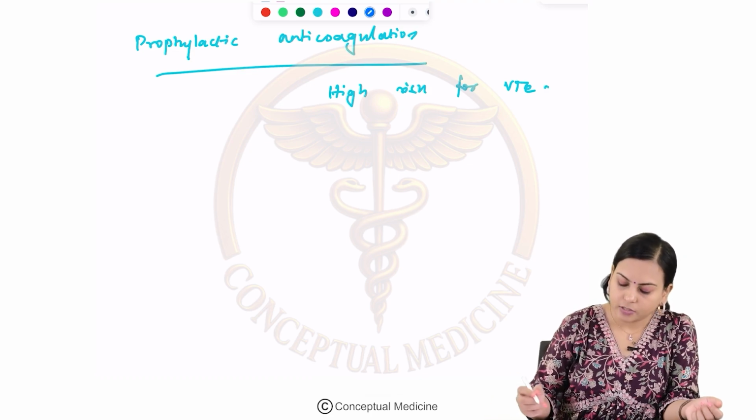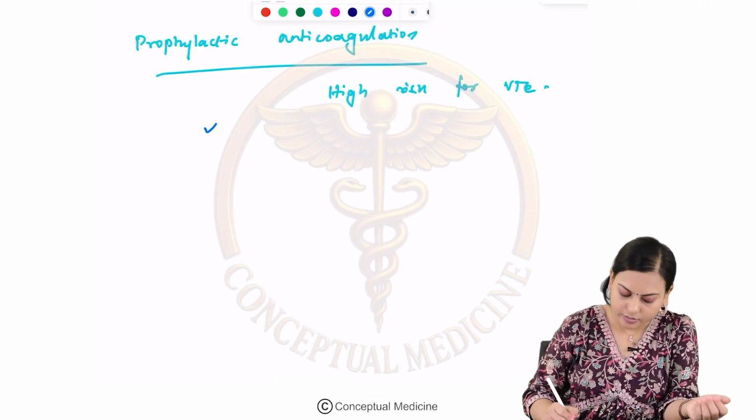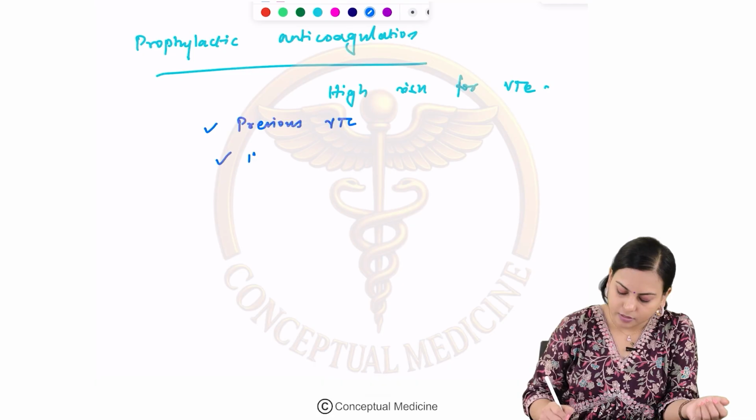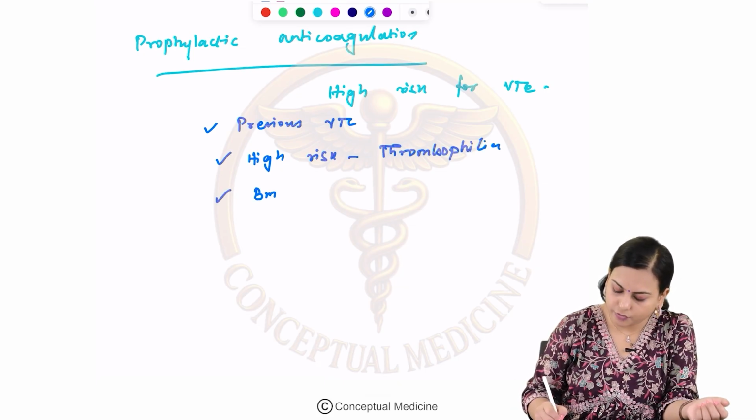Clear? So, what are the high risk features for giving prophylactic anticoagulation? If there is a previous venous thromboembolism, when there is a high risk for thrombophilia, when she is overweight woman, BMI is more than 40 kilogram per meter square.